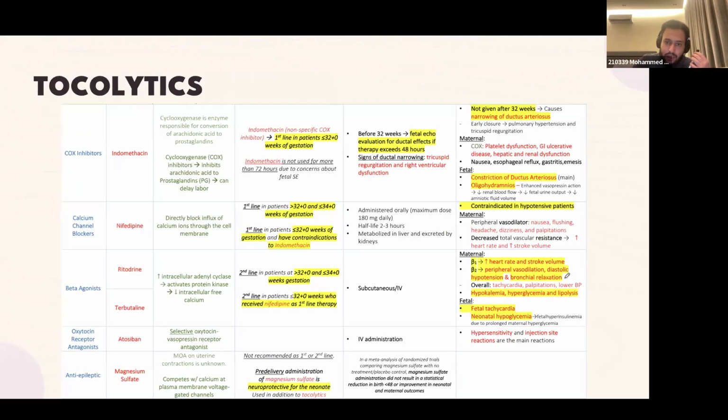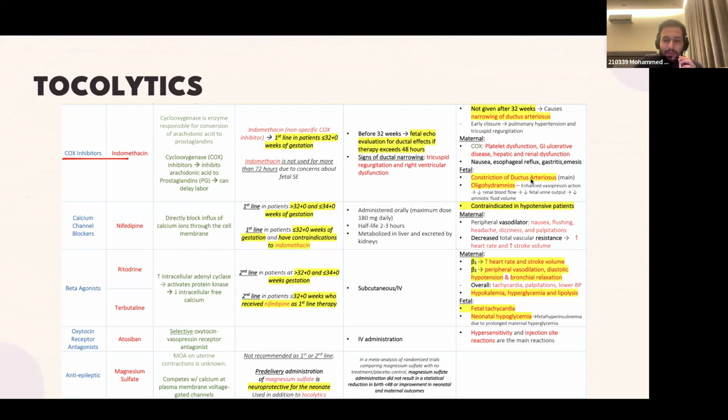Now, the opposite of induction of labor is tocolytics or tocolysis. It's to stop labor. Now, in terms of the different tocolytics, some of the ones you need to remember are COX inhibitors. Very important are their side effects.